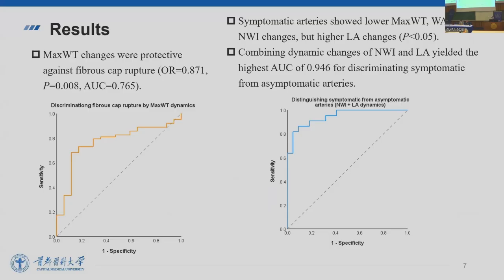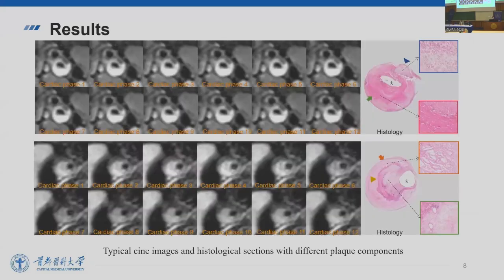Max WT changes were protective against fibrous cap rupture. Symptomatic arteries showed lower max WT, WA, and NWI changes, but higher LA changes. Combining dynamic changes of NWI and LA yielded the highest AUC of 0.946 for discriminating symptomatic from asymptomatic arteries.